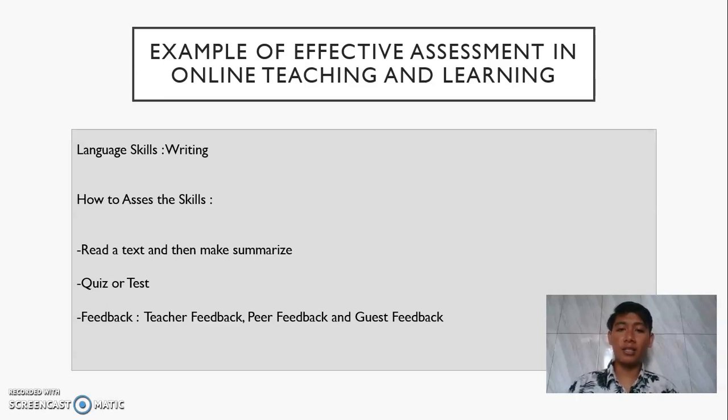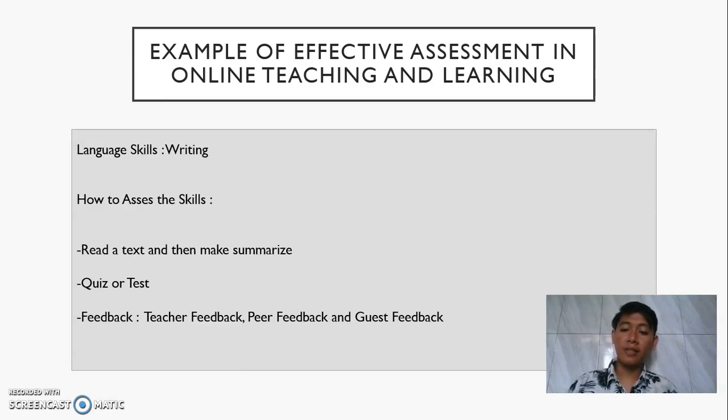The next one is an example of effective assessment in online teaching and learning. In this case, the language skill that I want to assess is writing. To assess this skill, we need to put a text in the LMS, and then we should make the students read and make a summary about the text, and also we can give a quiz or test about the text.